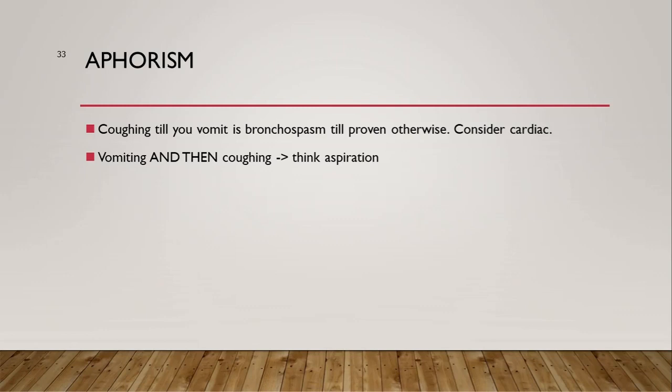Coughing till you vomit is bronchospasm till proven otherwise. So if the patient says he is coughing, having attacks of frequent coughing, then he vomits, we have to consider bronchospasm. If he vomits first, then starts to cough, we have to think about aspiration.